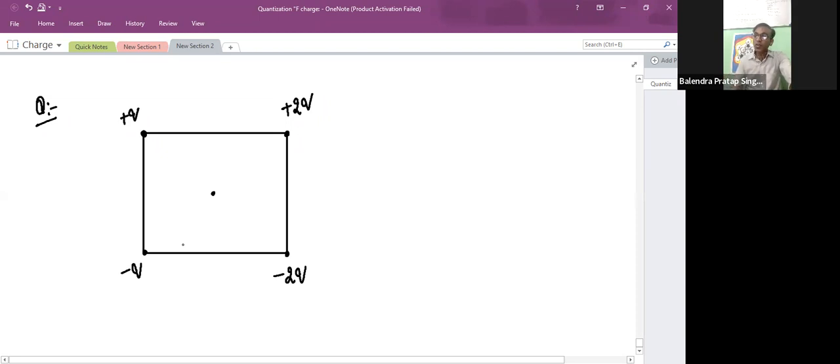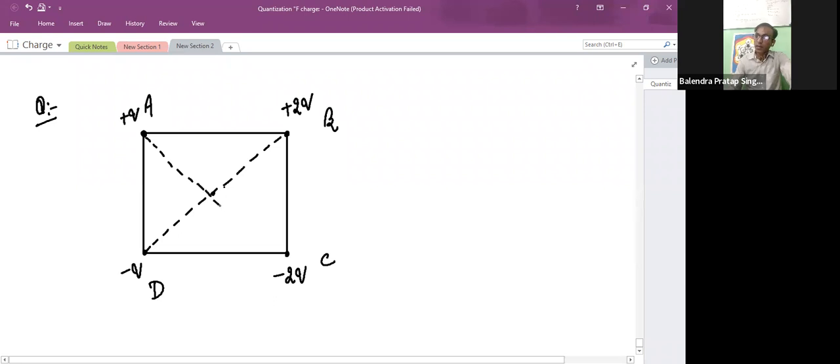If I give labels, this is your A and this is your B, here is C and here is D. For solving this I am drawing the diagonals so that we can get the idea about the electric field, and here one more diagonal.